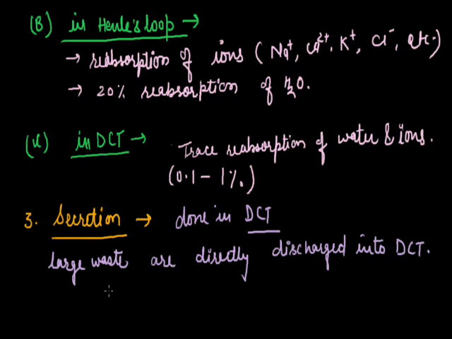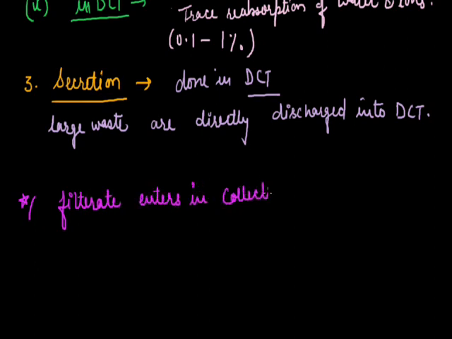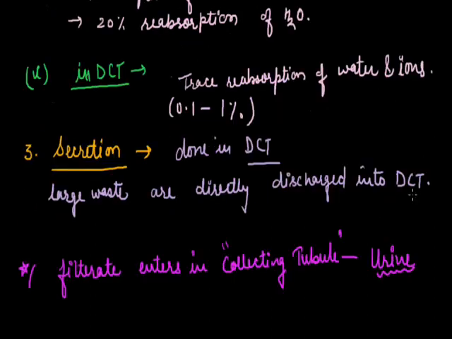After secretion, now the filtrate enters in collecting tubule. As it enters here, it is termed as urine. From the collecting tubule, now it's moving towards the collecting duct. Let me explain the whole process in the diagram.